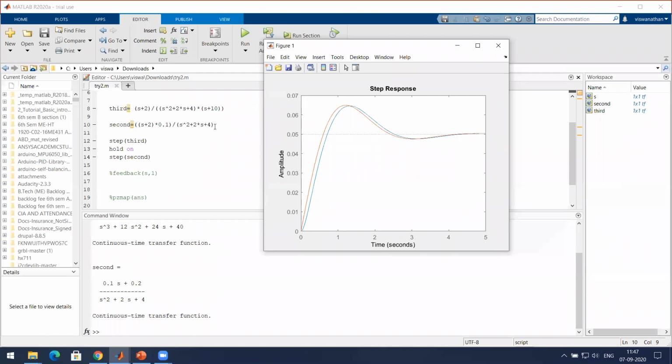When they didn't have computers, when they didn't have MATLAB, what they did was they understood how the second order system responds with the help of damping ratio and natural frequency, which we did in the last class. We could find out what is the rise time, what is the percentage overshoot, what is the peak time, what is the settling time.